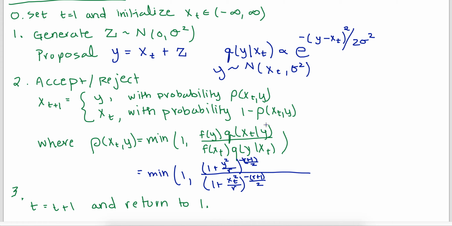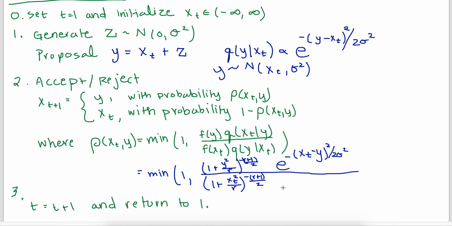And then I need this piece that has my distribution of the proposal. So if you notice, we wrote that up here. We're going to evaluate it for the variable xt with parameter y. So this is e to the negative variable xt parameter y squared over 2 sigma squared.